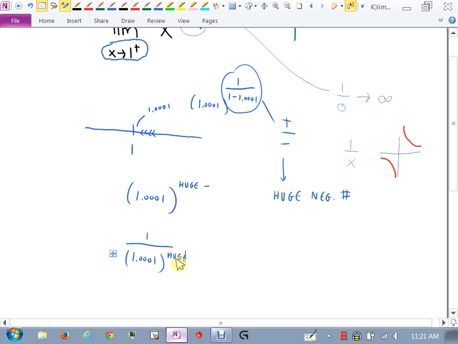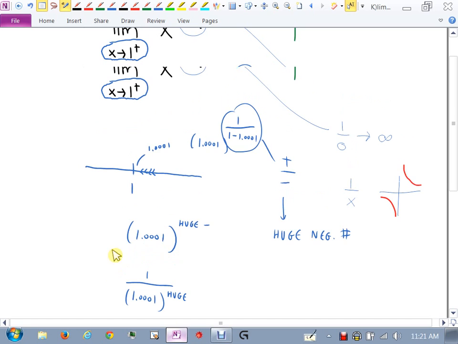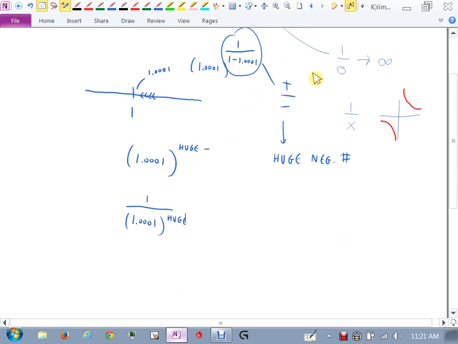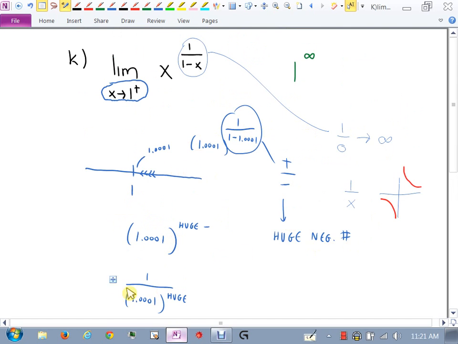Okay, sorry, I'm thinking out loud here because there's a little more involved than just, oh yeah, it's going to infinity. I still don't know what this goes to. What if this went to infinity down here? The whole thing would go to 0 and I'd be done. But I still don't know what this does.